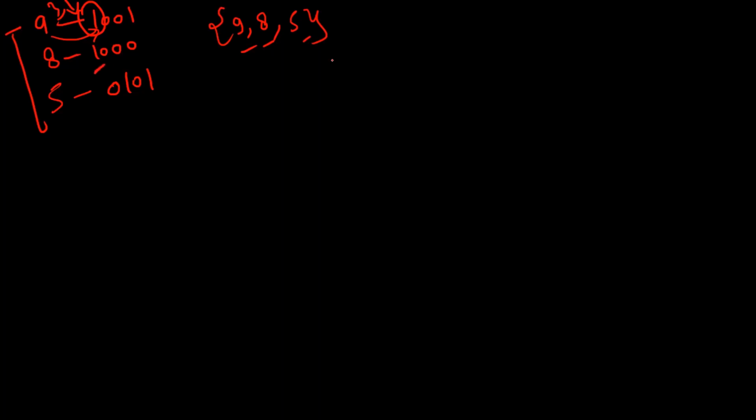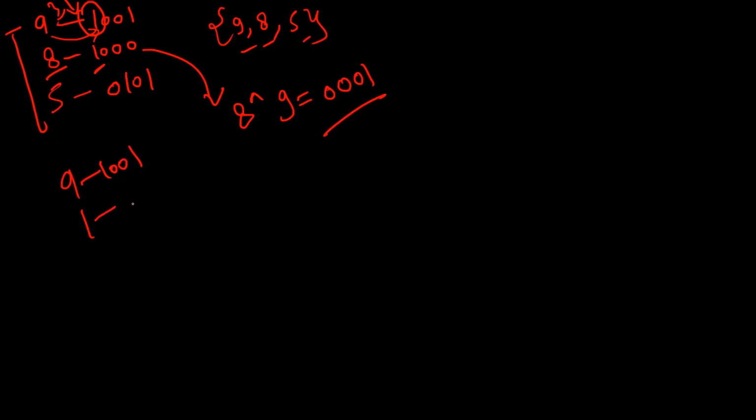So we simply do the XOR of this element with 9. What we get is 0, 0, 0, 1. So the value has been updated, and instead of 8, it will be updated to 1. Okay, so this part is done.